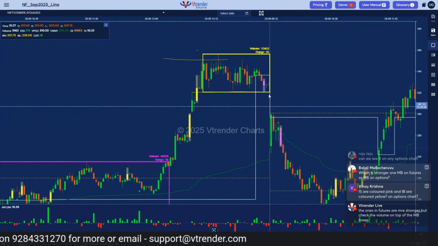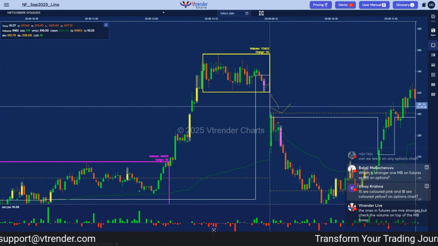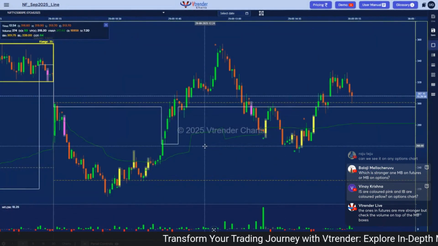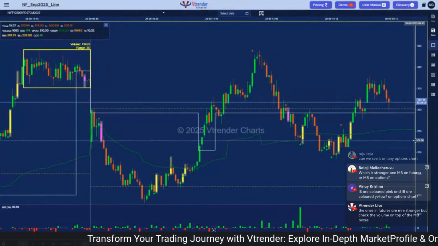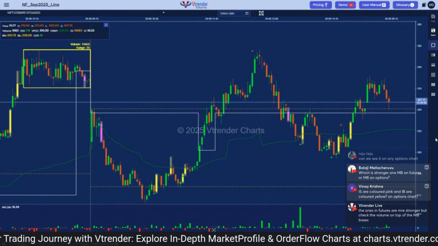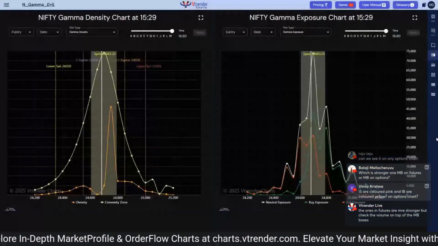So this was broken on the downside. So this was telling us that the upside is done in this put. And then we again wait for a fresh micro balance to come up and then accordingly trade that. So this is how the put and the Nifty futures both can be traded.